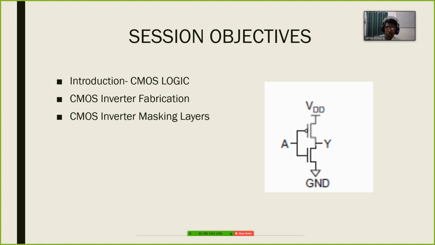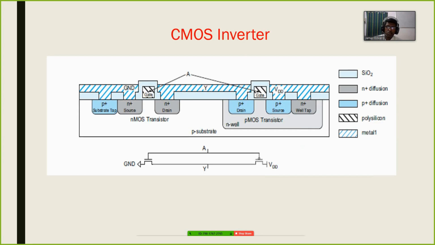In this set of slides, we will be discussing how to fabricate a CMOS inverter. The general view of a CMOS inverter is shown here. We see that there are many layers and many materials which are integrated together.